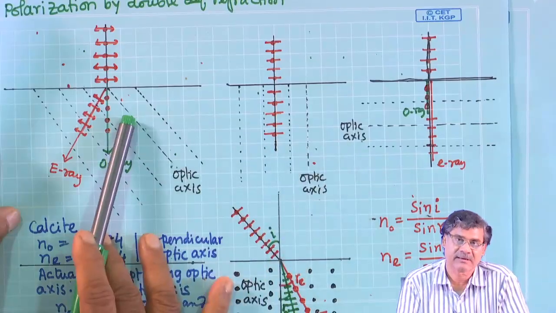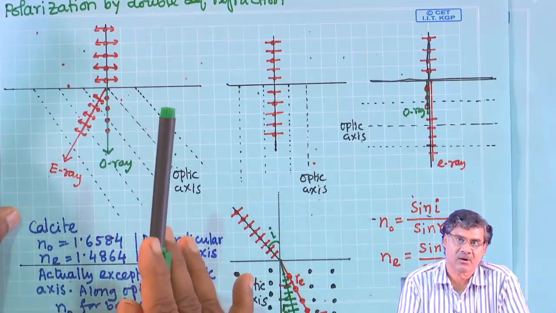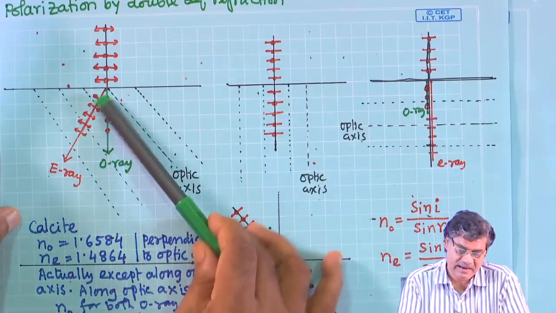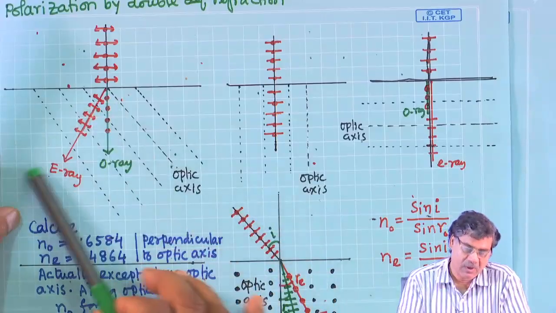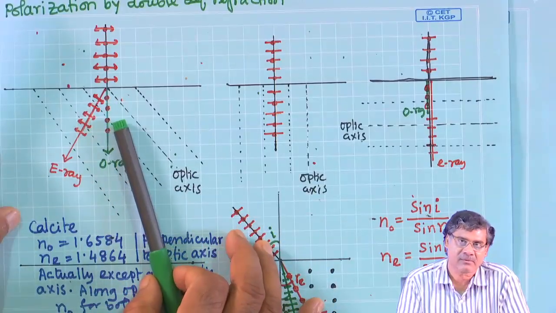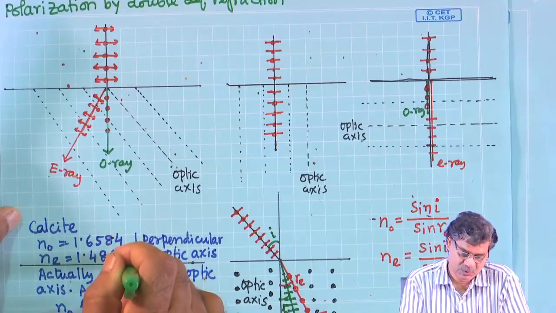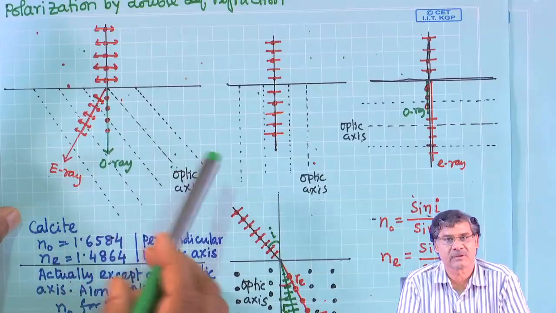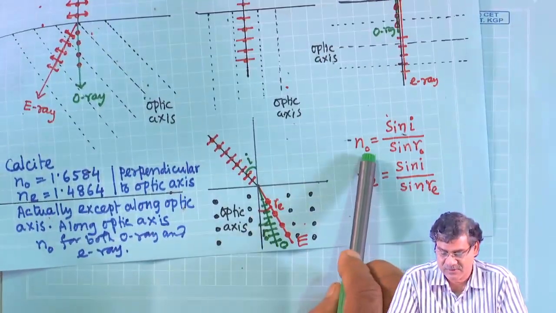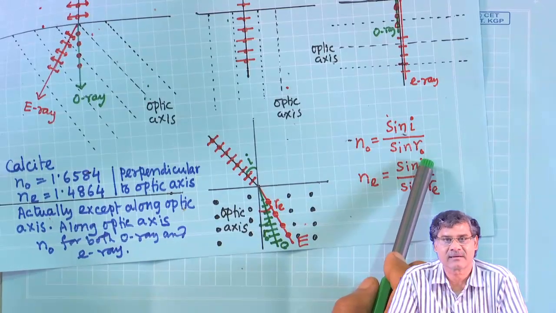Here, if we define Snell's law taking the reference of the optics axis, then one can explain that both E ray and O ray follow Snell's law, because we write the refractive index for the O ray as sin i by sin r.